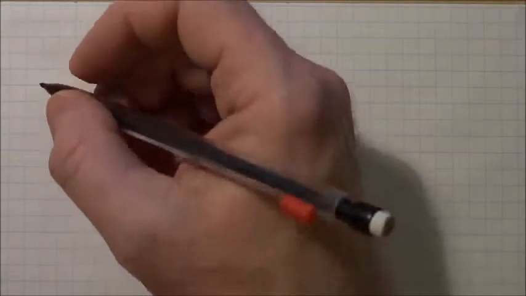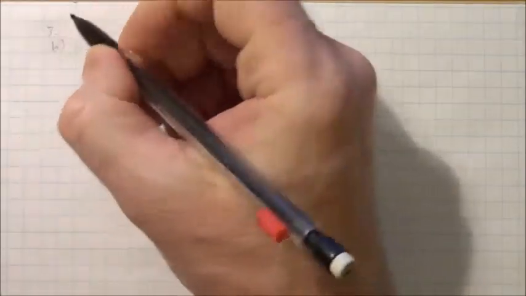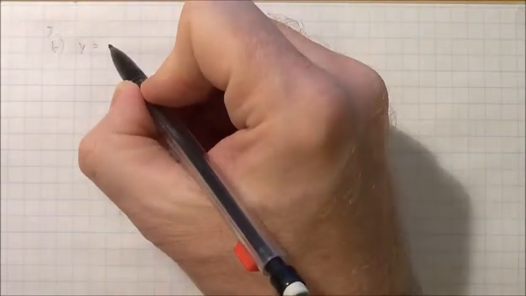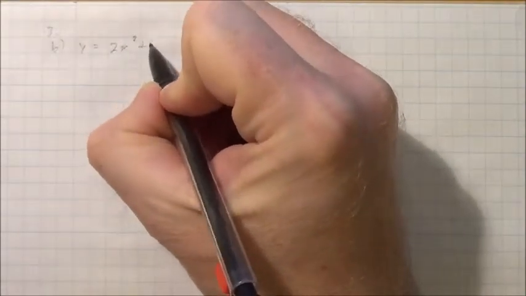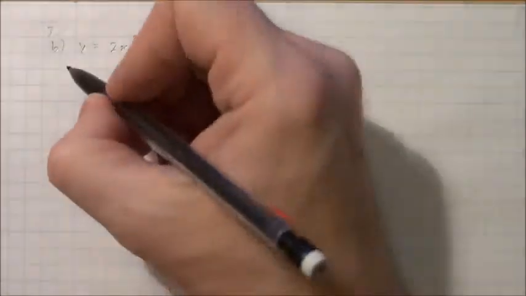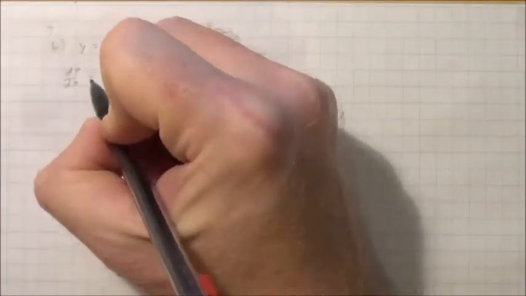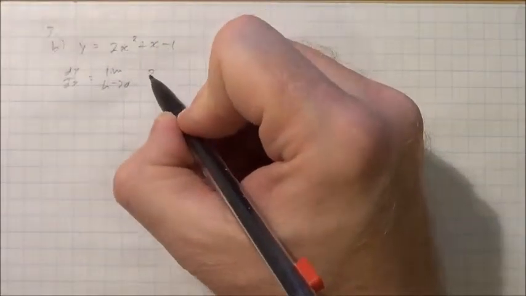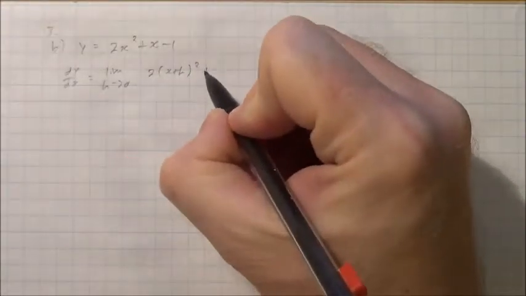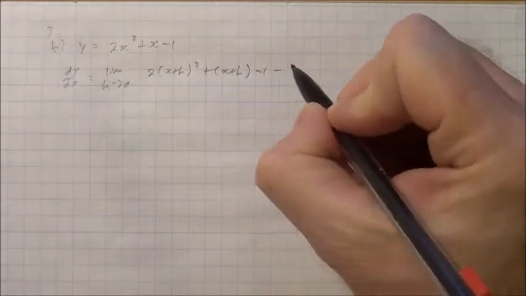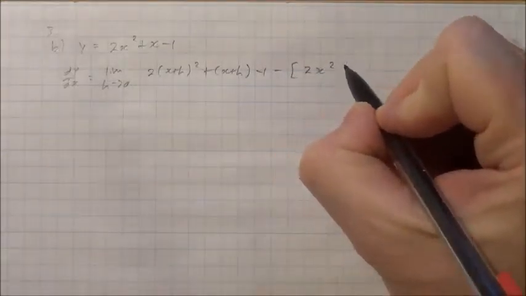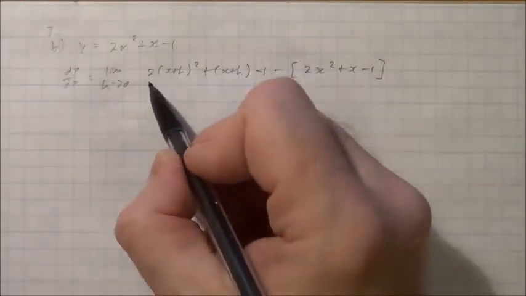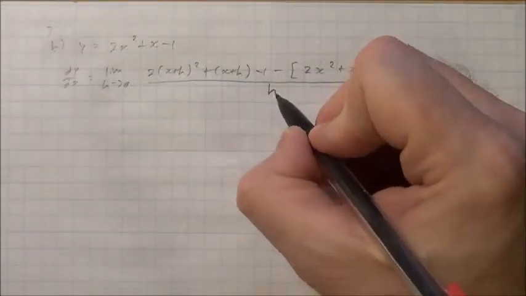3b, so we require a little bit more room here, so I'm going to switch over to a new page. So the function now is y equals 2x squared plus x minus 1. So dy by dx equals the limit of 2 times x plus h squared plus x plus h minus 1, minus 2x squared plus x minus 1, all over h as h approaches 0.